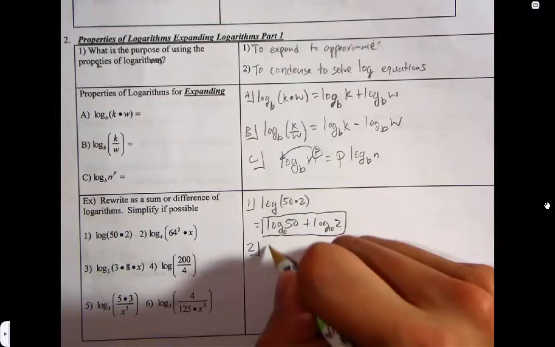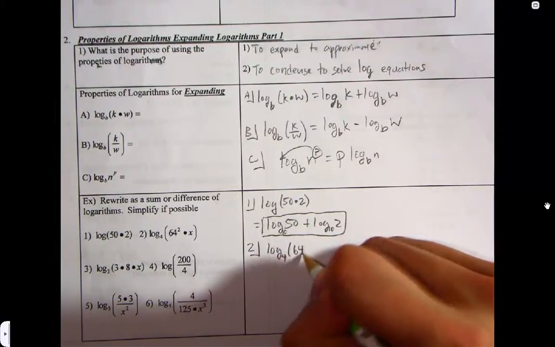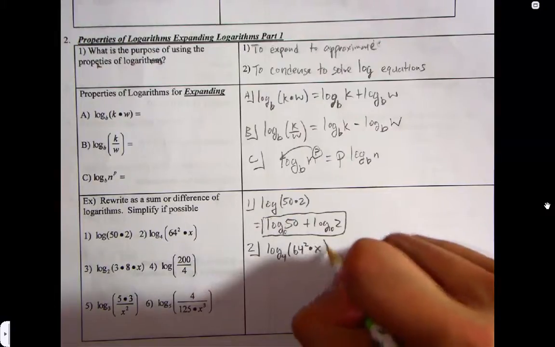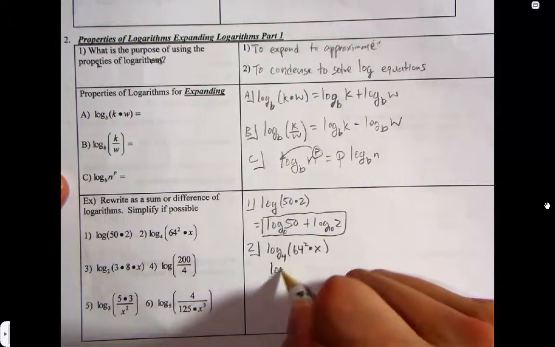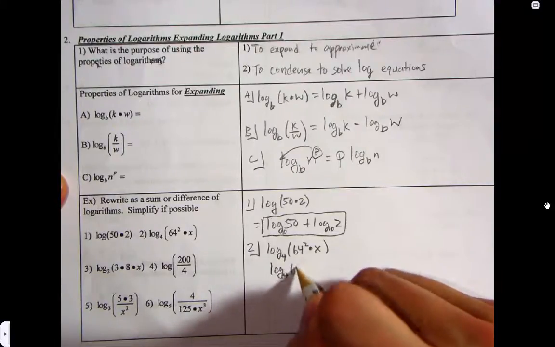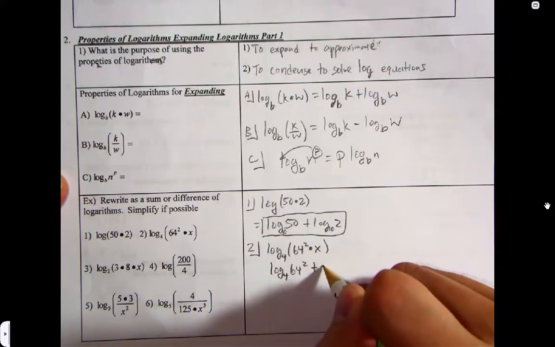Example 2, log base 4 of 64 squared times x. There's 2 numbers here, so when I expand this, I'm going to have 2 logs of the same base 4. And times means addition.